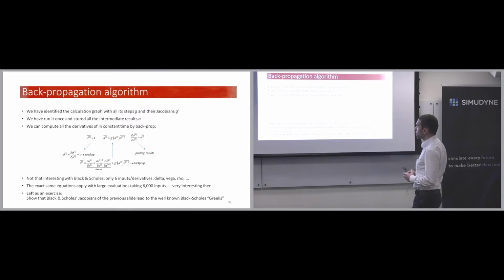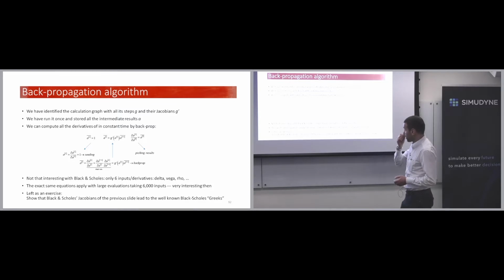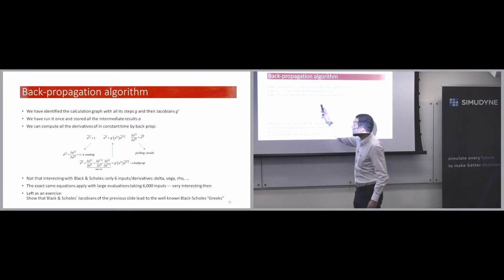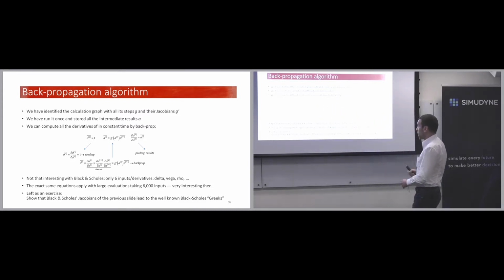So, of course, it's not super interesting in Black-Scholes, where we have only 6 inputs, only 6 derivatives to calculate, delta, vega, rho, etc. And it's really not worth applying AD. But what is very nice is that these exact same set of equations apply in all cases. So they apply with large evaluations taking 6,000 inputs too.